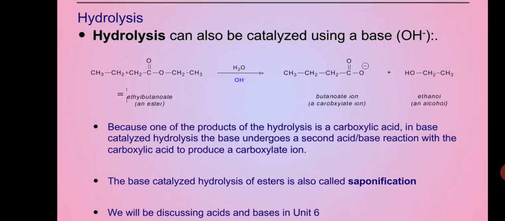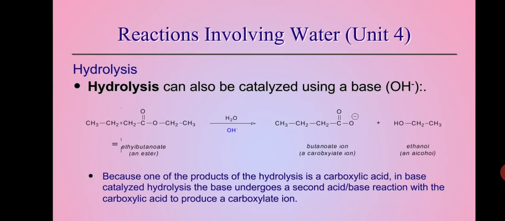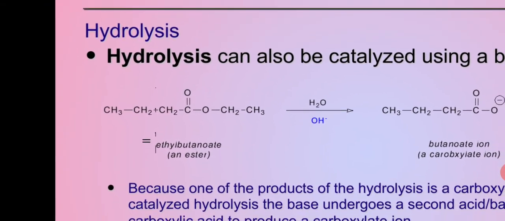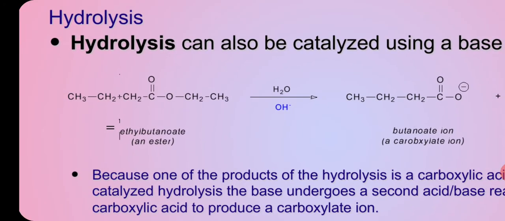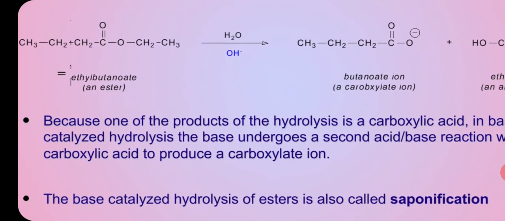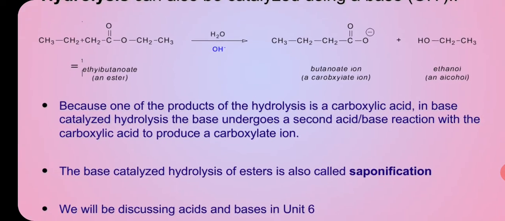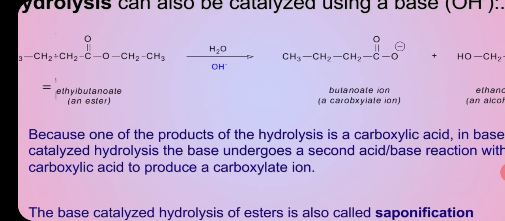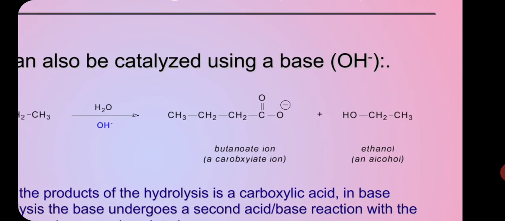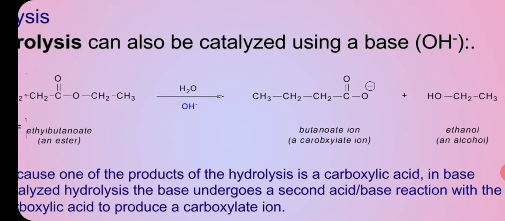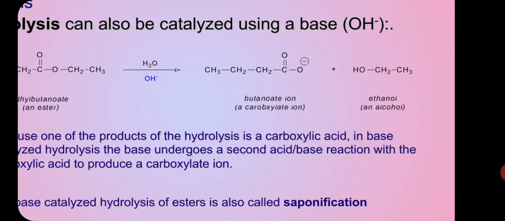Now, explanation of certain properties with water. I can say what happens when you interact these esters with water. When an ester interacts with water, you can see that one of the products of hydrolysis is a carboxylic acid. In this reaction a COO- ion is produced, that is butanoate, resulting in the formation of ethanol, an alcohol, also, right?